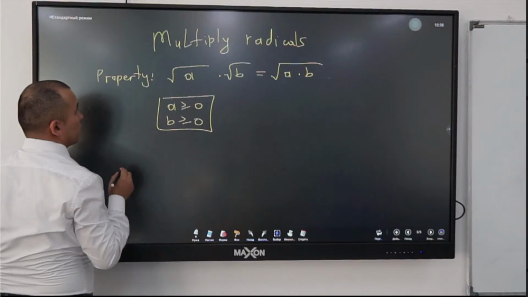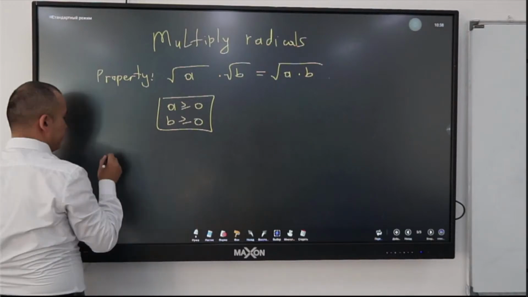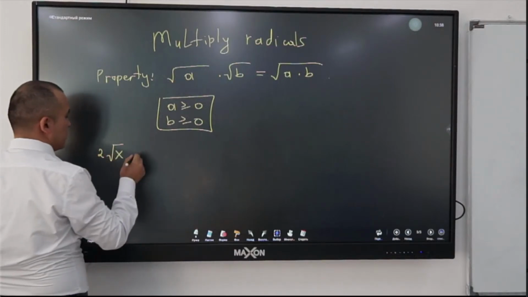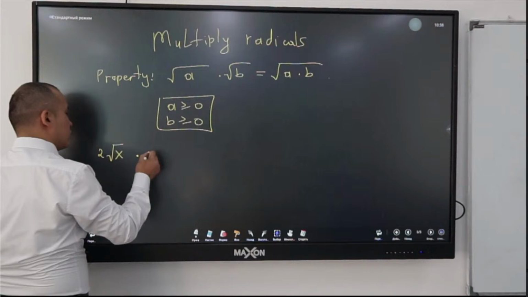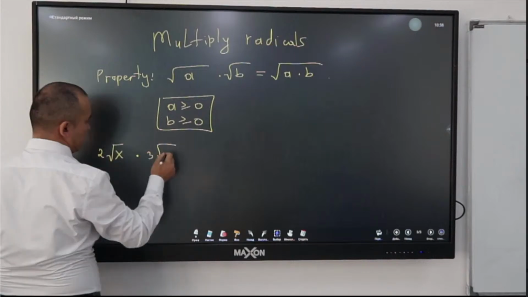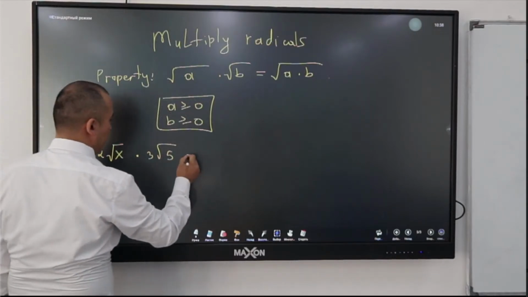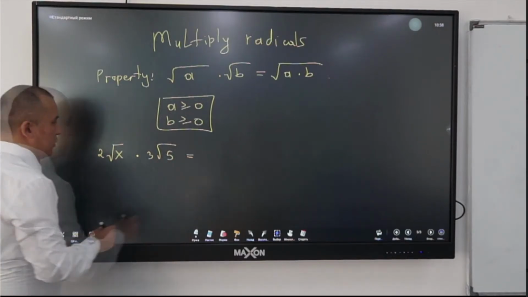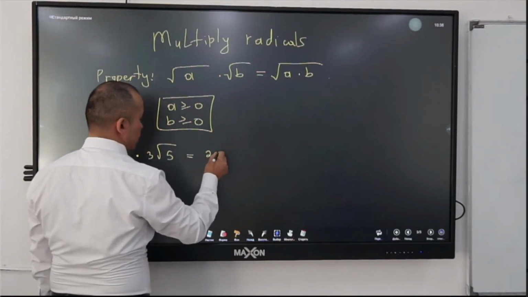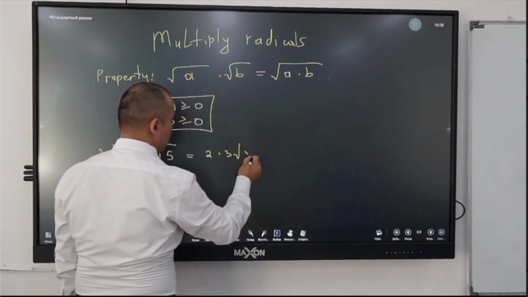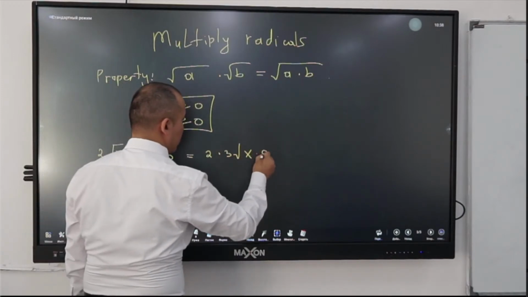Another example. For example, 2 root 6 times 3 root x, or we can write root 5. Okay, 2 times 3, x times 5.